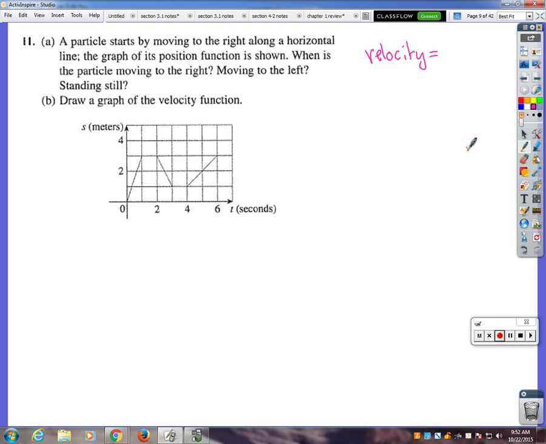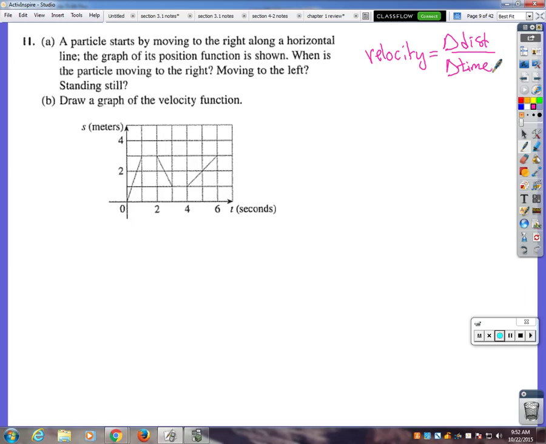Change in distance divided by change in time. Good. The distance is my y, the time is my x's, and so really it's just the slope of the position time curve.